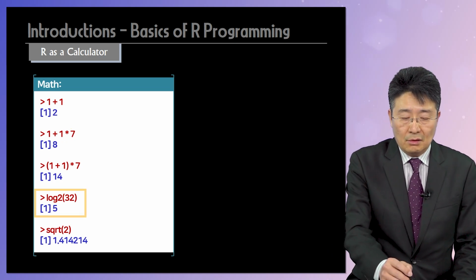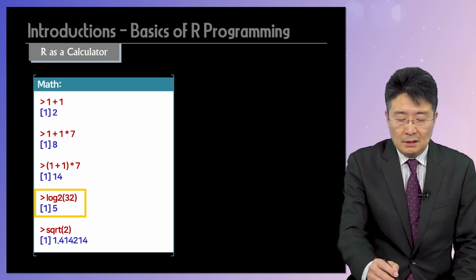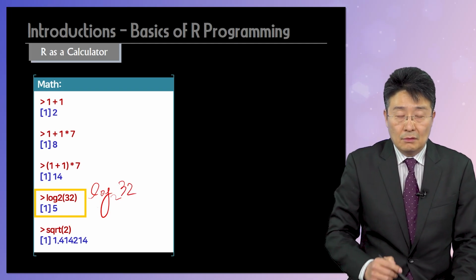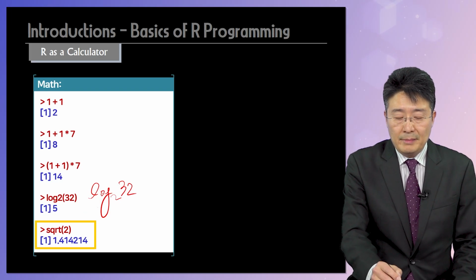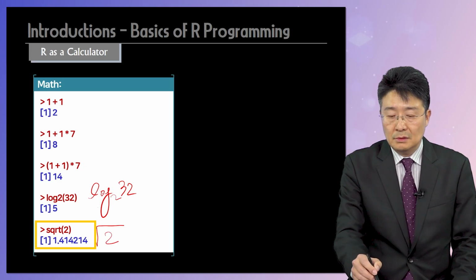In this command, this is a log. The base is 2. The number is 32. In this command, we can consider the square root of 2.